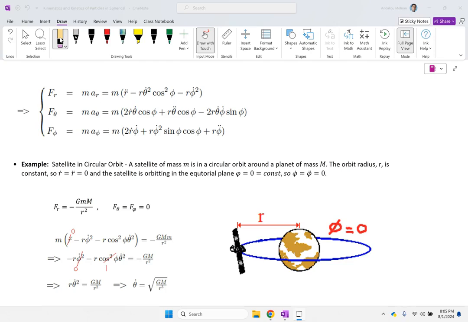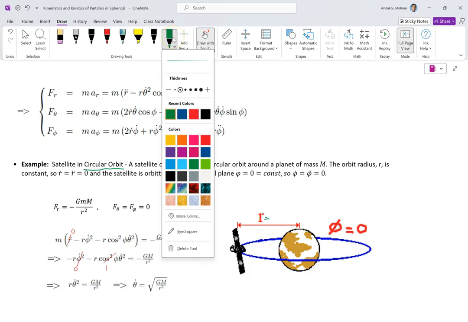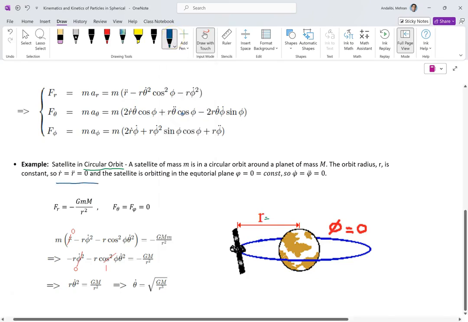Now the example here is about satellite motion around the Earth, and we assume that the satellite moves in a circular orbit with a constant radius. So this r, this radius of the satellite, is constant, and that means that r dot and r double dot are both 0.